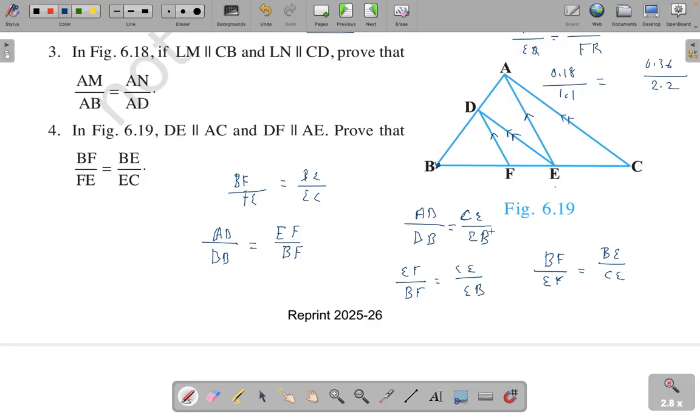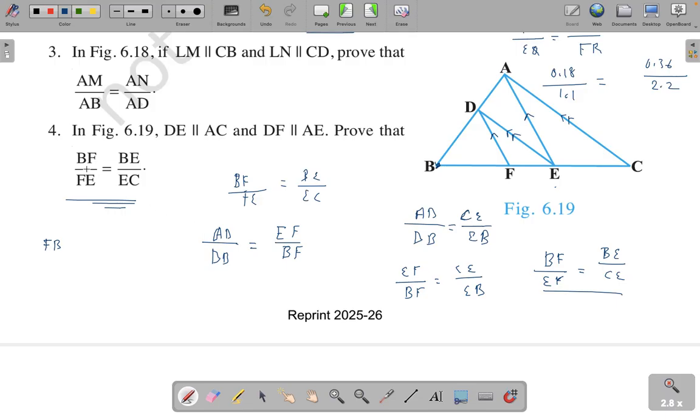Okay? But sir, if after all the proving, we got something like FB upon EF equals EB upon EC, do we have to write one more step like BF upon FE equals BE upon EC? It's up to you. I mean, it is always better if you write the exact wording that they have provided, or try to choose wordings that match what they say.